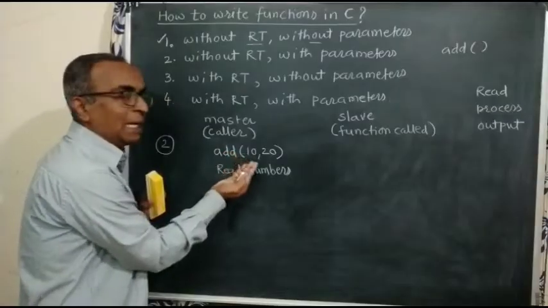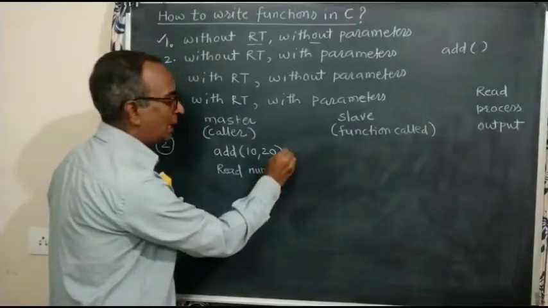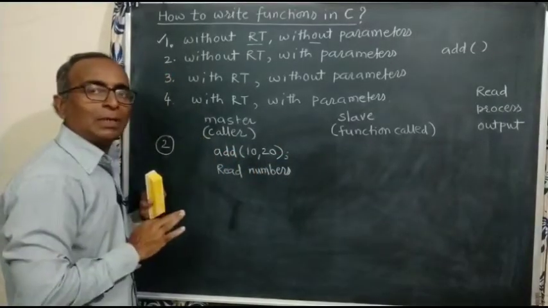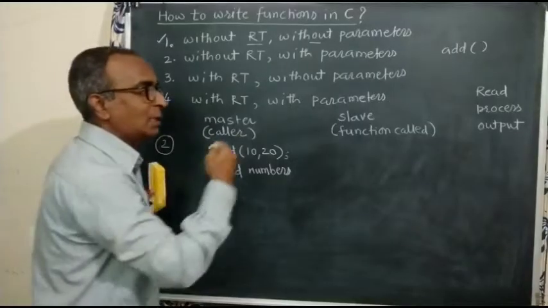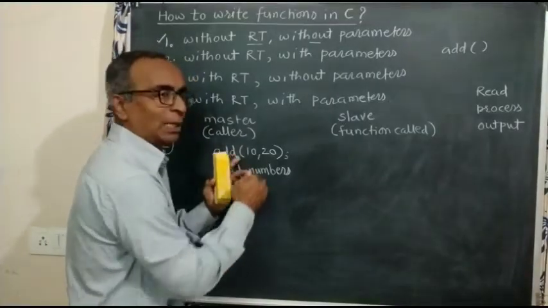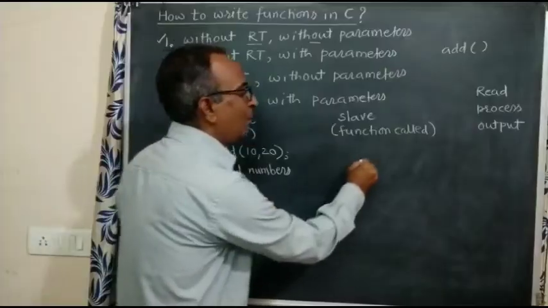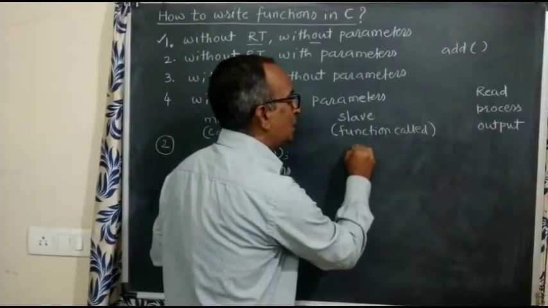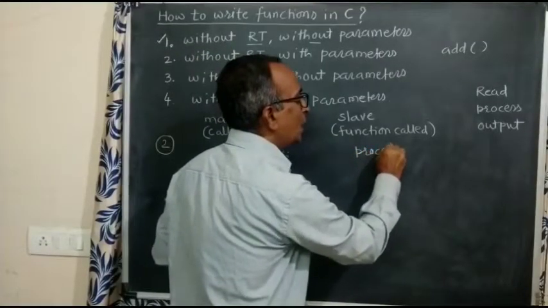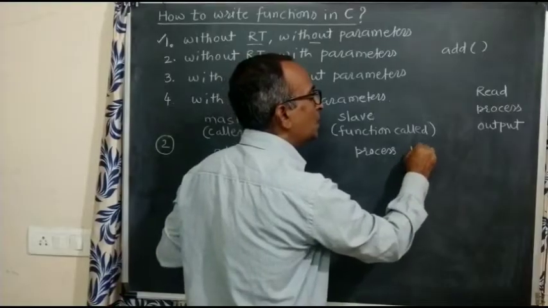But he is not expecting anything from the slave. Now what is the task of the slave? Whatever 10, 20 is given to the slave, it will add that, which means processing. In process it will do 10 plus 20.